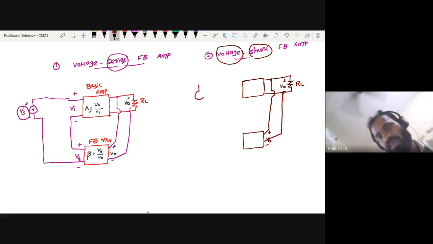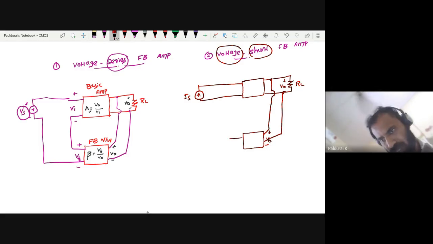But this time there is a change in the mixing mechanism. This time I want to give current as input. So here you take current as output, IF. This is my current IS, this is my Ii, so it has to be divided.